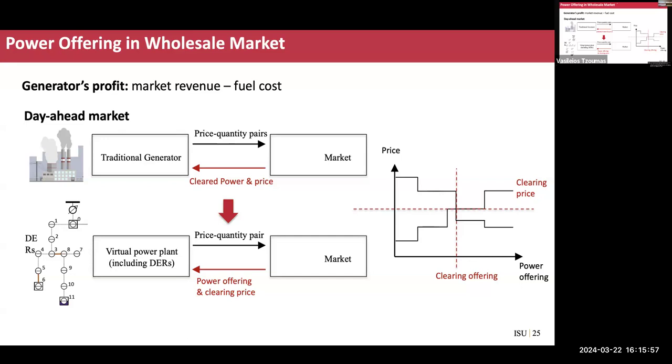And this power is something that we were cleared and are committed to provide in this wholesale market. We want to make sure that whatever price is cleared at that point, our offering should maximize the profit of the aggregated DERs.